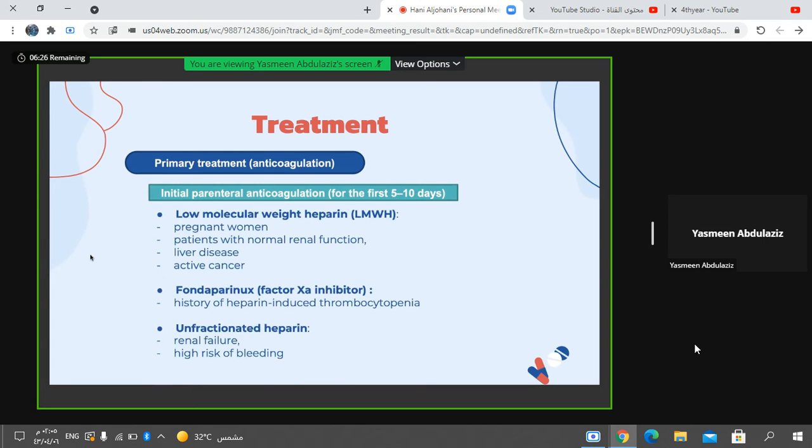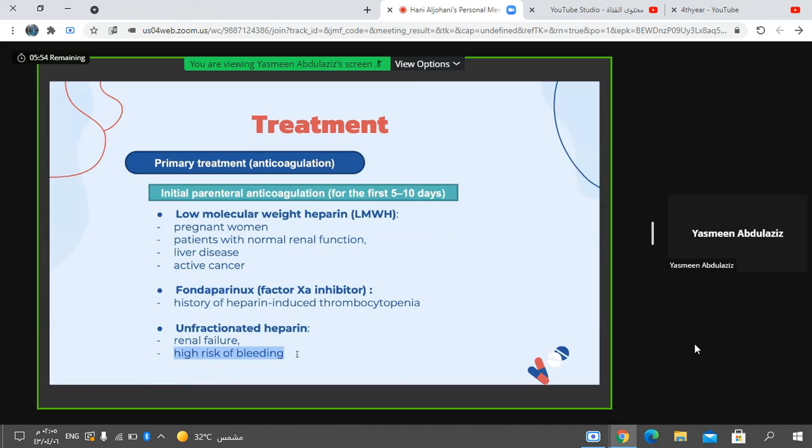Okay, now let's start with the options for the parenteral anticoagulation, which is about 5 to 10 days. Mainly, we use low molecular weight heparin in almost all patients, even for pregnant women, with normal renal function, as it's contraindicated in renal failure. If there's a patient with renal failure, it's better to use unfractionated heparin.